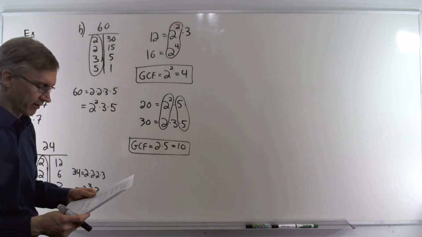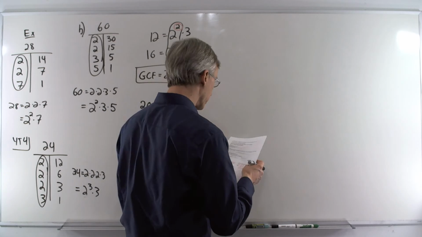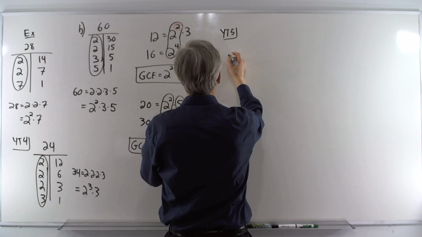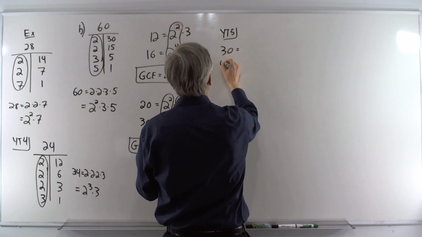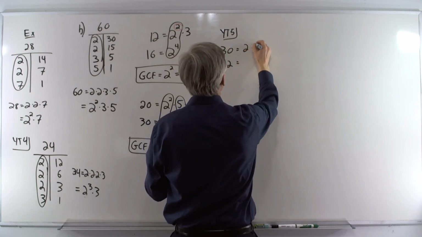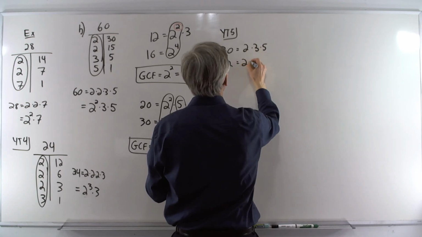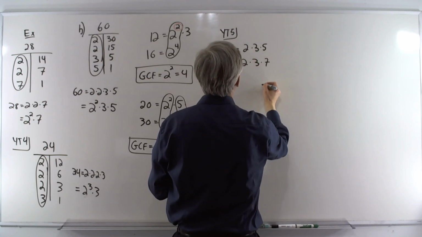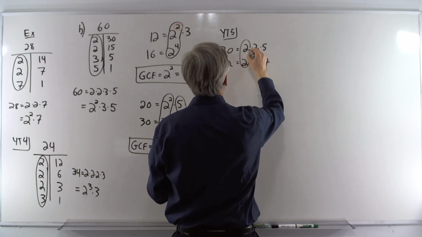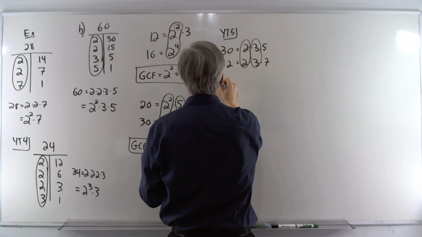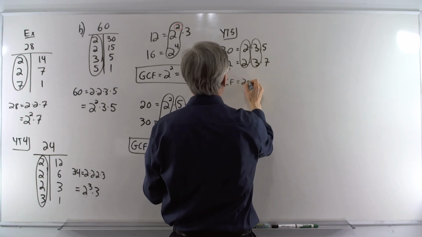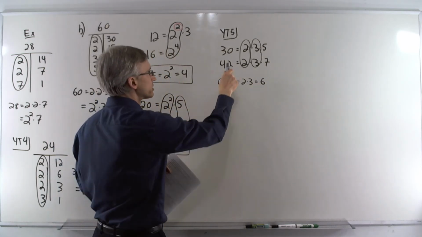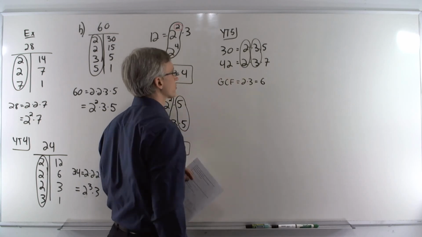Your turn, number 5. Part A, find the GCF of 30 and 42. My first one, 30 is 2 times 3 times 5. 42 is 2 times 3 times 7.